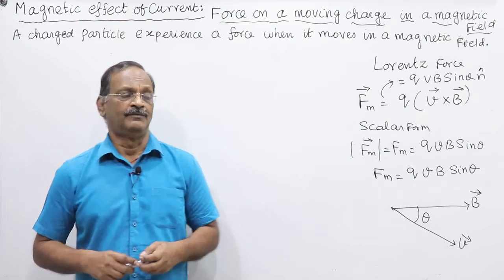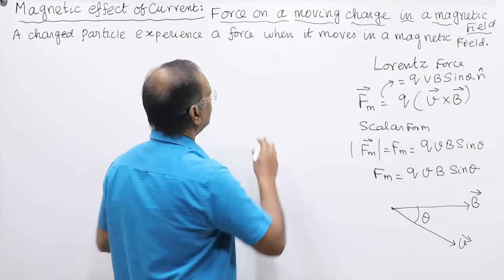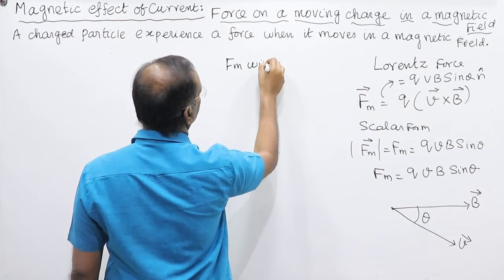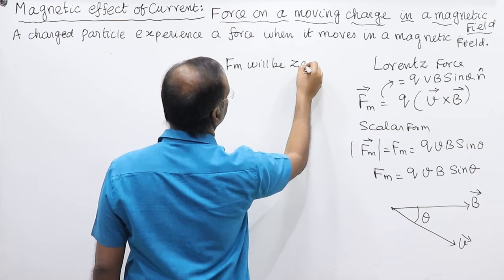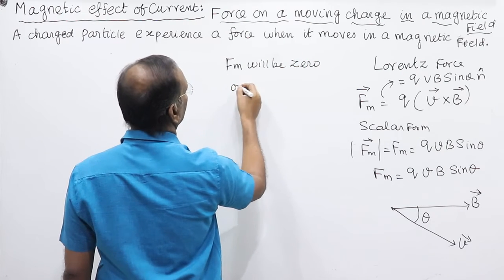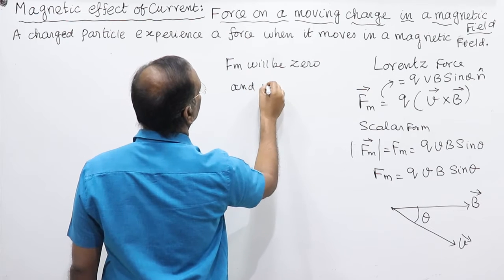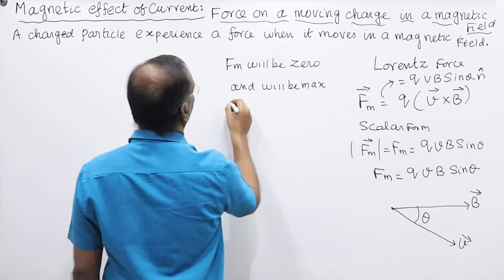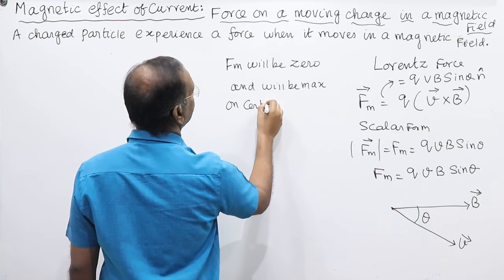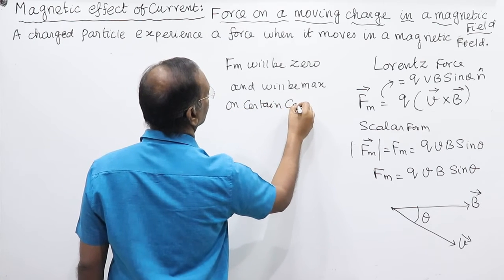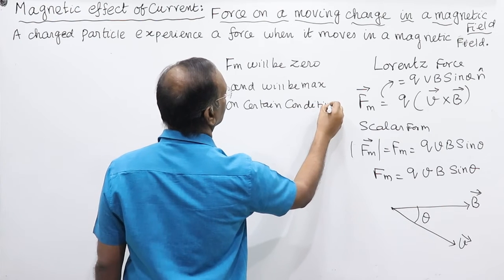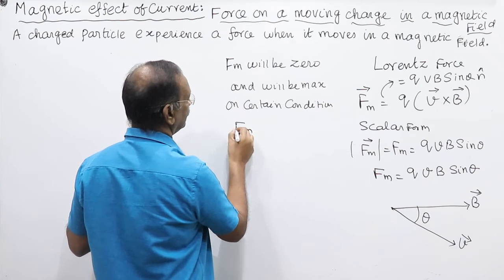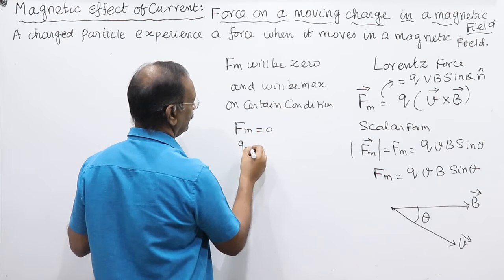Now, the magnetic force will be 0 and will be maximum on certain conditions. F_m is equal to 0 when Q is equal to 0.